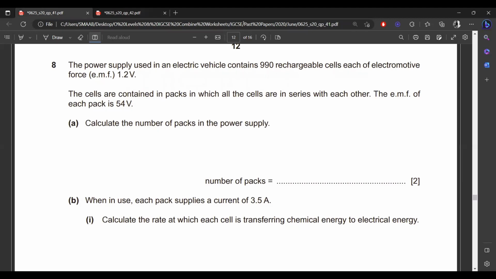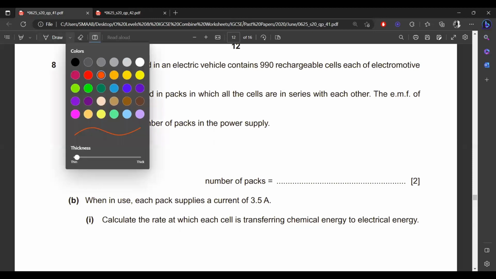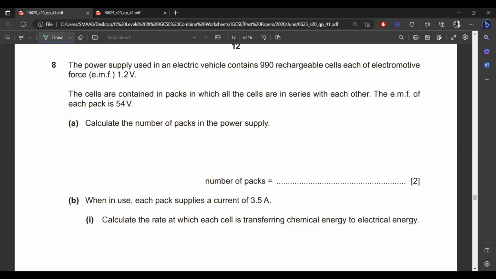The power supply used in an electric vehicle contains 990 rechargeable cells, each with an electromotive force of 1.2 volt. Okay, so we are using 990 rechargeable cells, each is 1.2 volt, right?